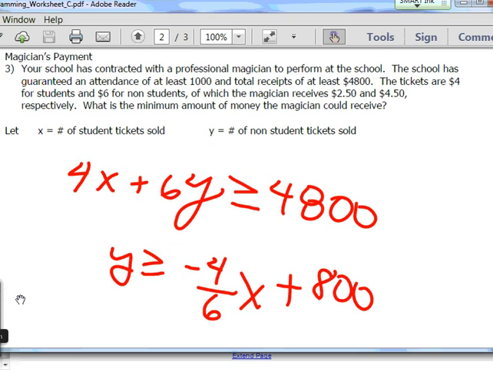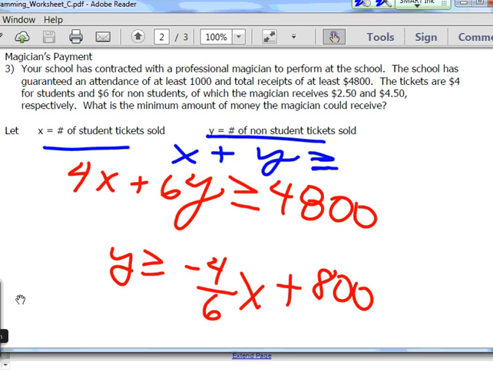What's the other part? Yes, sir. This is because the number of students, the X's and the Y's, and the not students together have to be greater than or equal to, what did you say? You are correct. And this one's a little simple to put into Y equals form.